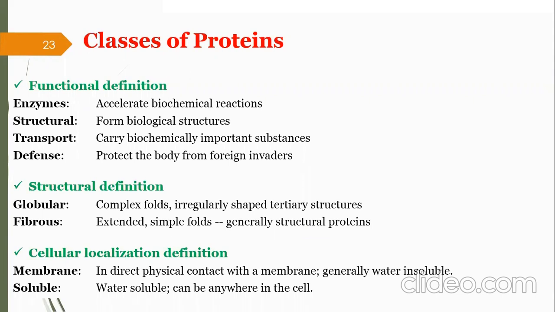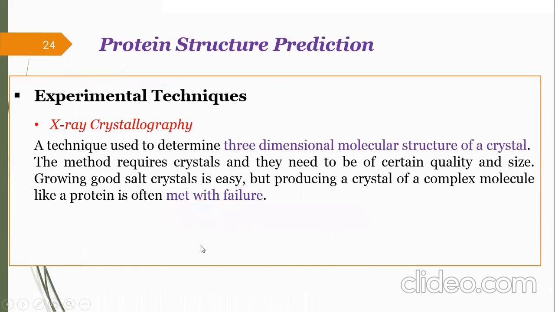So we can localize them as a part of the membrane, in direct physical contact with a membrane, generally water insoluble. Some are soluble in water, and they can be available anywhere in the cell. So these are the three main categorizations of the proteins. This categorization is on the base of function, this categorization is based on structure, and this one is the cellular localization.